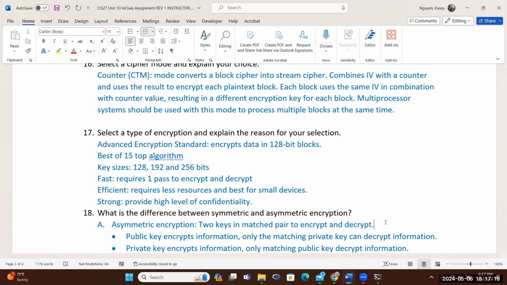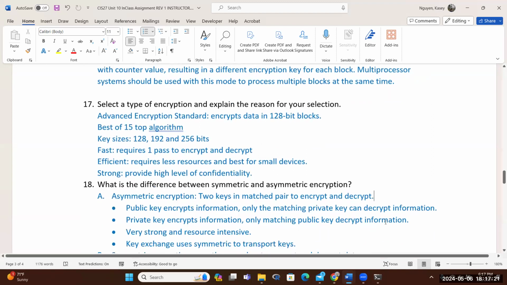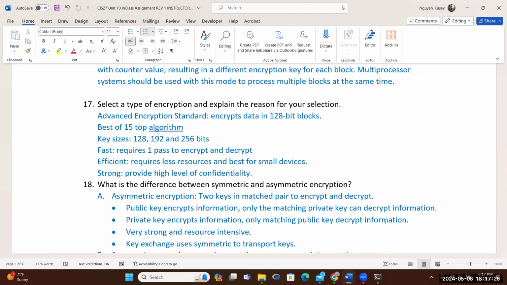And the private key is always going to stay with that system, right? So I put down the information below. The public key encrypts the information, only the matching private key can decrypt. Or if you use a private key to encrypt the information, then only the matching public key can decrypt. So you can do the reverse.